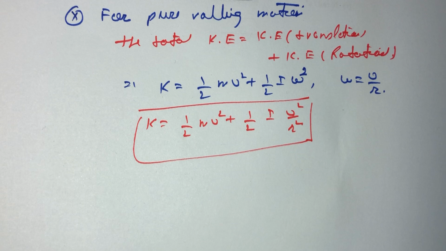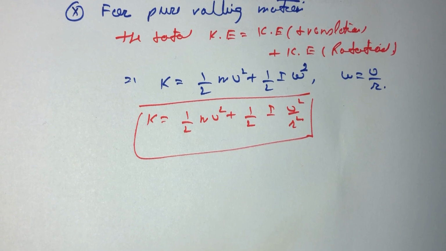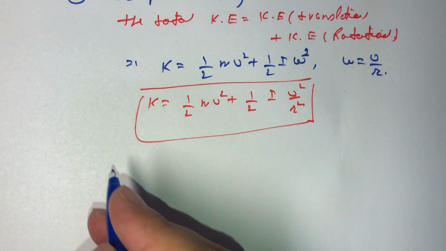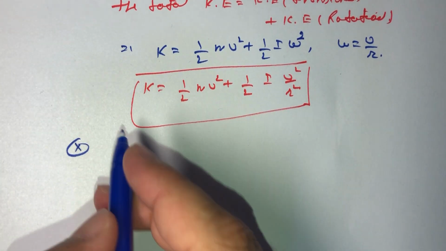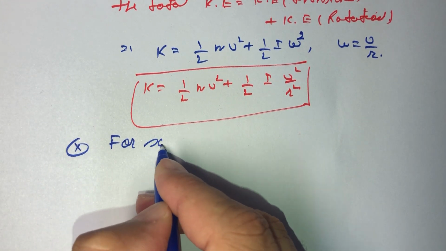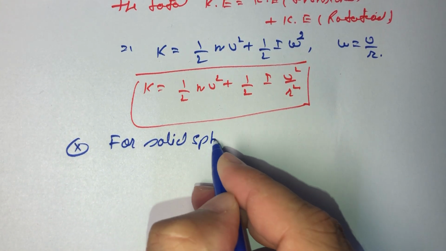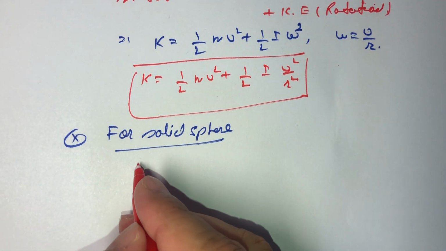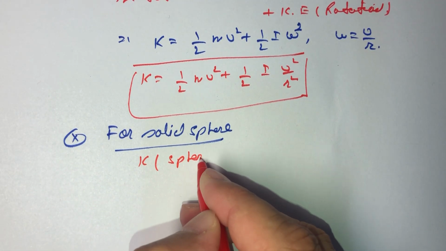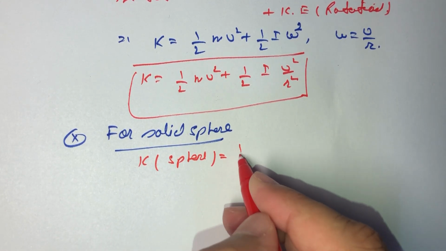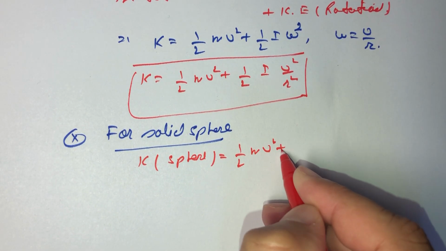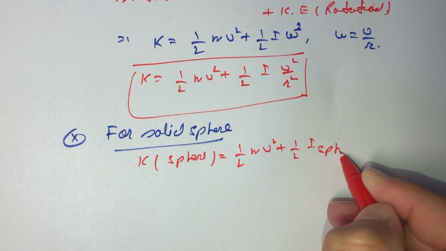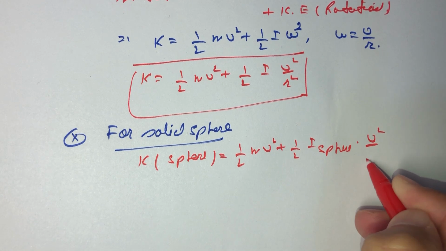Now we have two objects, one is a sphere and another one is a cylinder. So for the solid sphere, kinetic energy will be equal to half mv squared plus half moment of inertia of a sphere multiplied by v squared upon r squared.